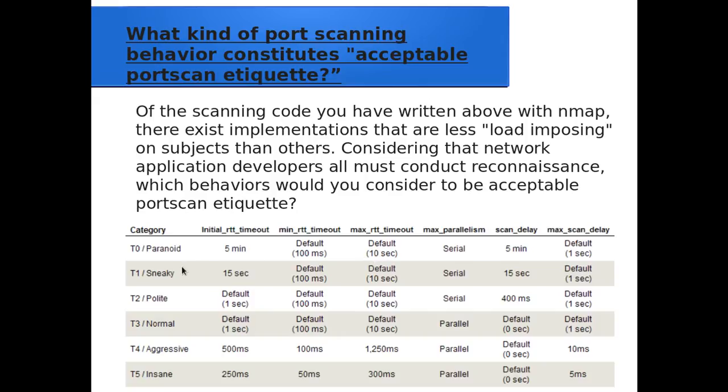The second template is the T1, the sneaky scan, which is also a serial scan, which means again that it is going to send one data package at a time.